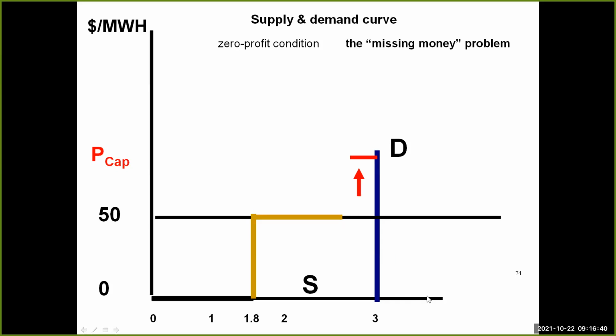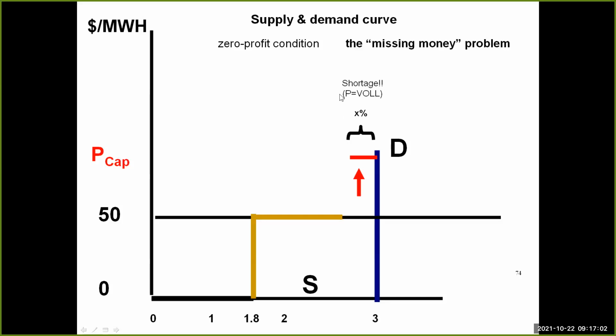And that is a surprising conclusion, that for the system to work, we actually need some shortage. Some of the time you need what we call scarcity, that there are some people who want to buy, but they are unable to buy. They need to be disconnected basically by the operator.